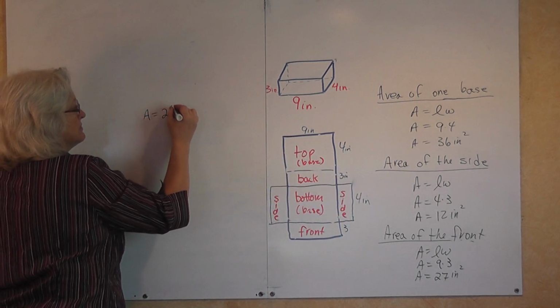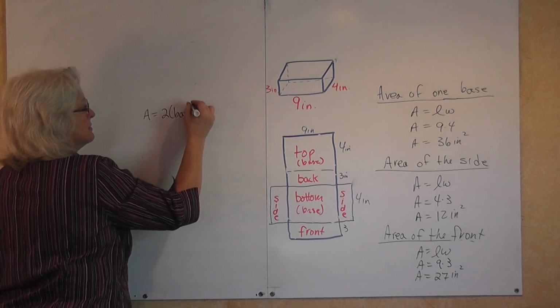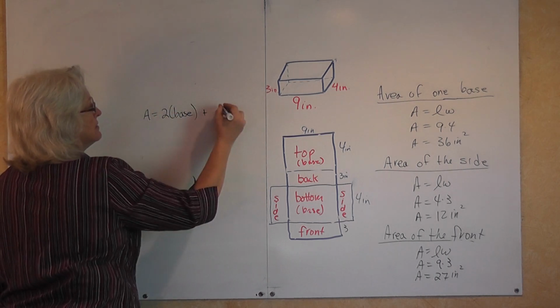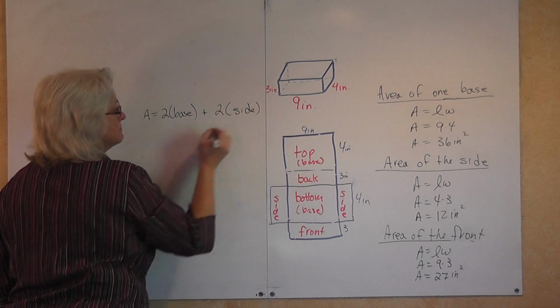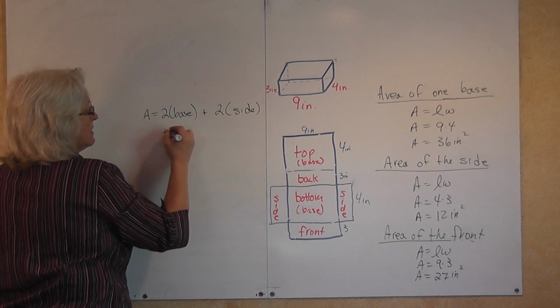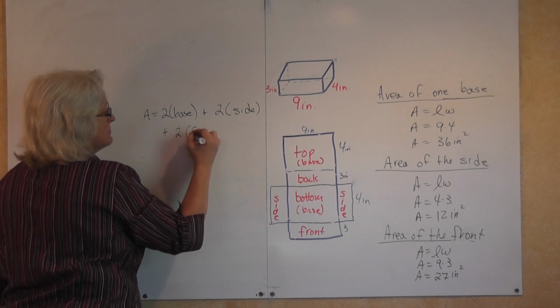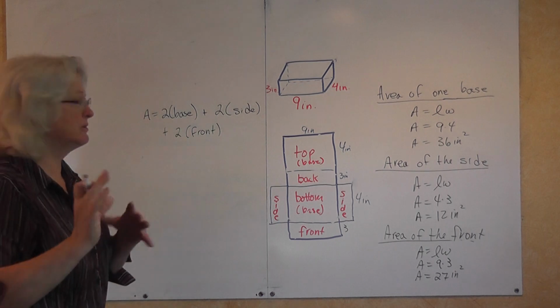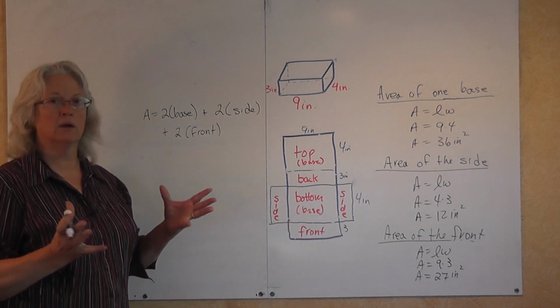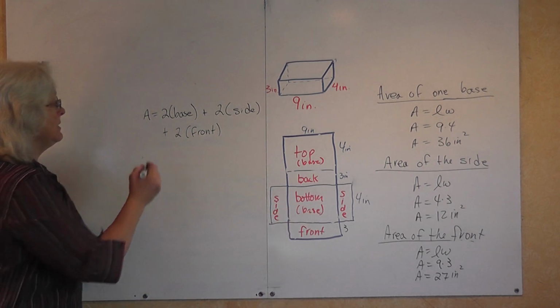So I'm going to say 2 times the area of the base plus 2 times the area of the side plus 2 times the area of the front. And how can that be? Well, front and back are the same. So what's our surface area going to be?